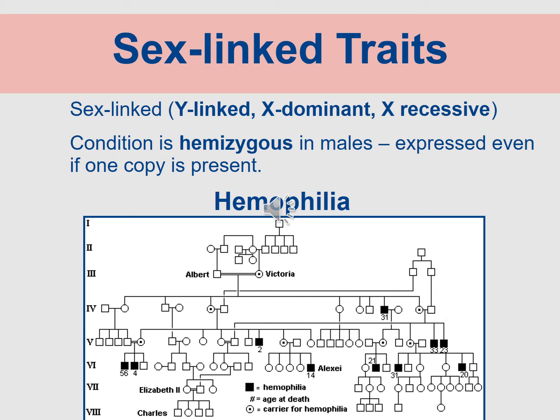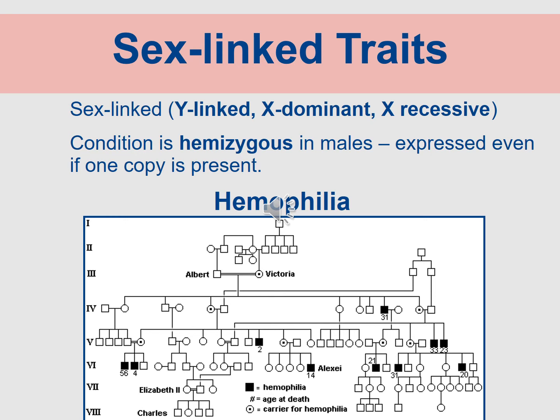When you look at females, that's the female pathway. However, males still have an X chromosome, if you can recall. So something that's X recessive in females means they actually have to have 2 copies to express it. X dominant in females means that they have to have only 1 copy to express it.